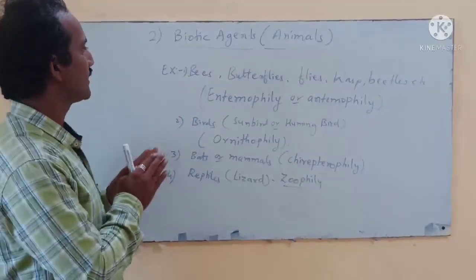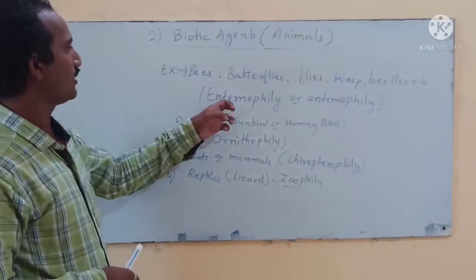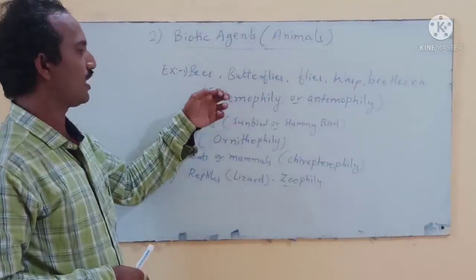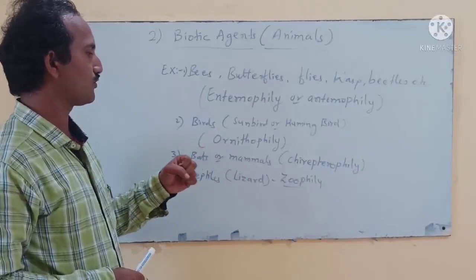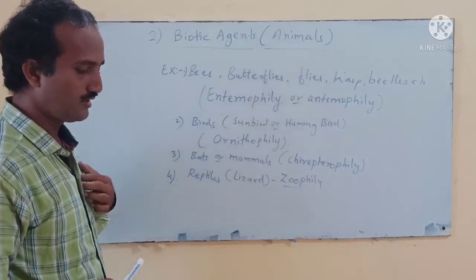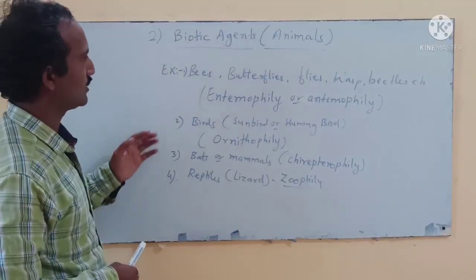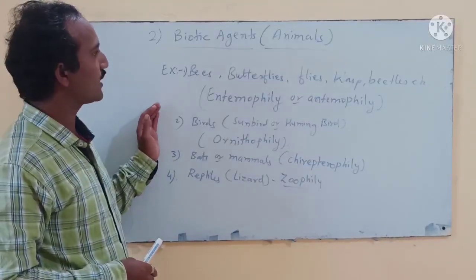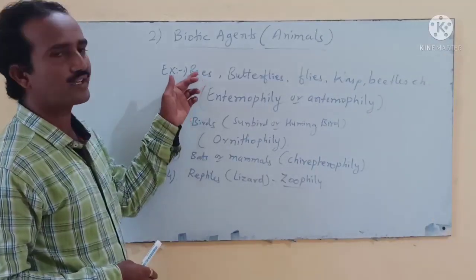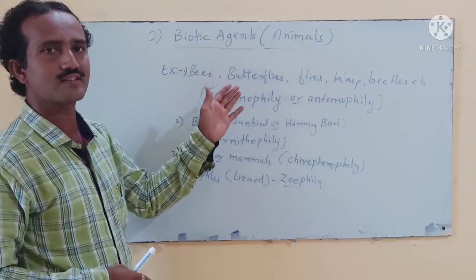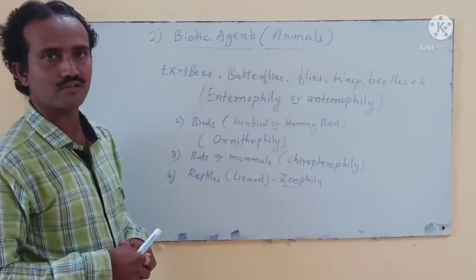That's why different types of pollination take place: entomophily, ornithophily, chiroptophilia, zoophily. So this is about plants which are specifically adapted to the specific type of animals which is utilized by them for pollination.